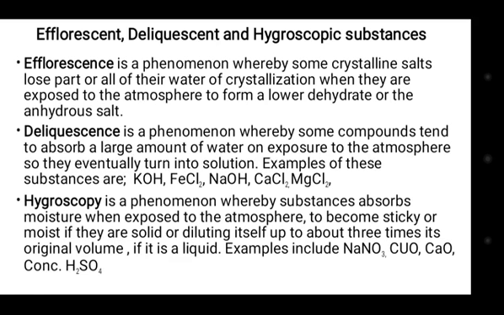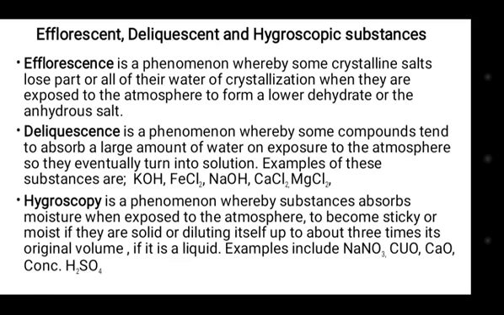Such salts are called hydrated salts. An example is copper sulfate pentahydrate, that is CuSO4.5H2O. I'm sure you must have come across that compound when we were treating how to calculate molecular formula.